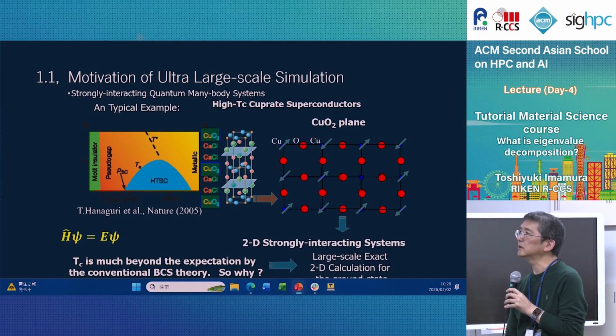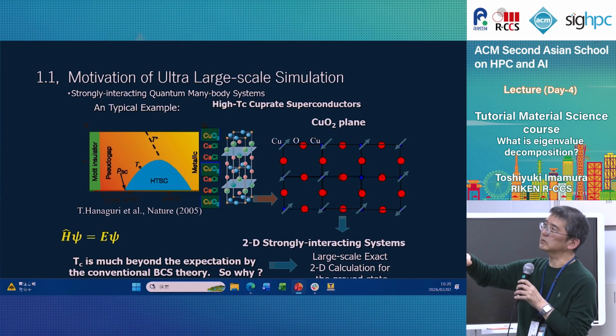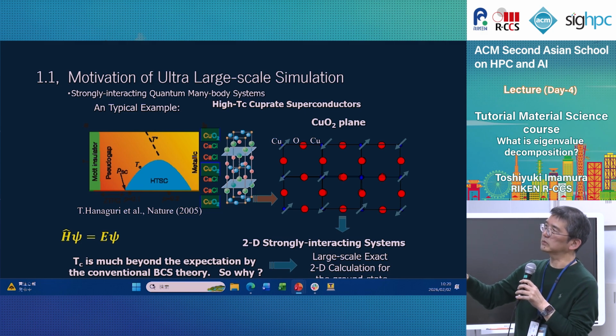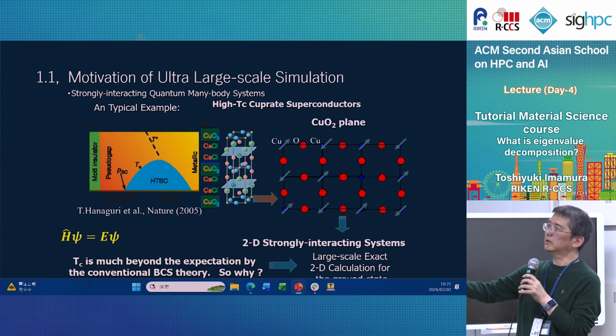You can see this layered structure of oxide materials. It sometimes shows very high temperature conducting behavior, and if we change some of the materials, we can also simulate other physical properties like superfluidity.